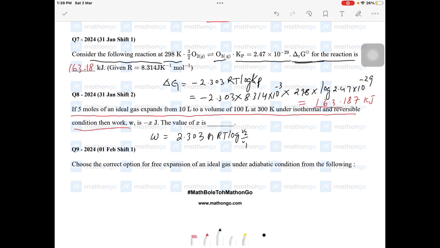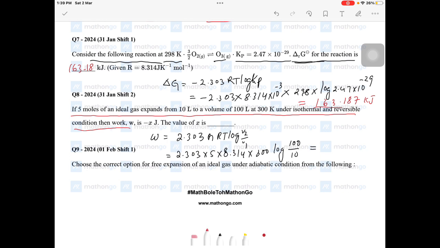So now substitute the values. 2.303, n value 5, R value 0.0821, but the value in joules, 8.314, into temperature 300 into log V2 100, V1 10.